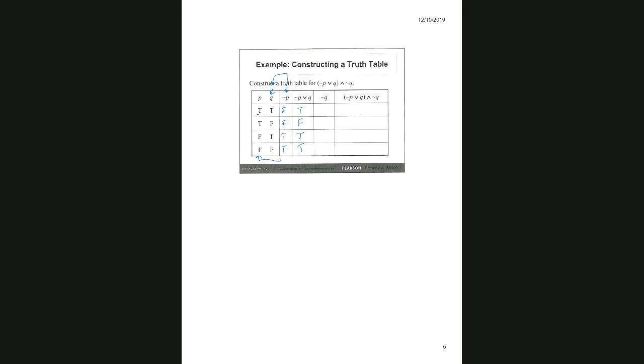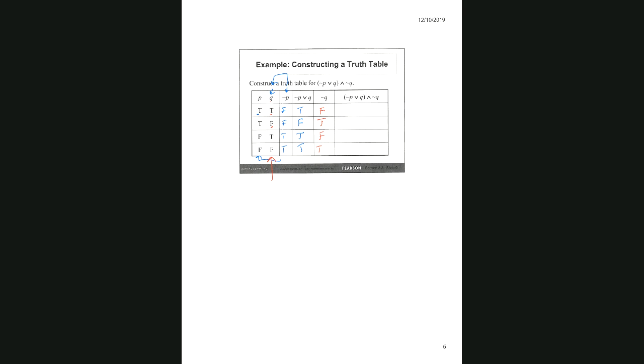All right, so for not Q, that means this is the opposite of not Q. So this is our Q category. So the opposite of not Q would be, opposite of true would be false. Opposite of false would be true. Opposite of true would be false. And the opposite of Q would be true.